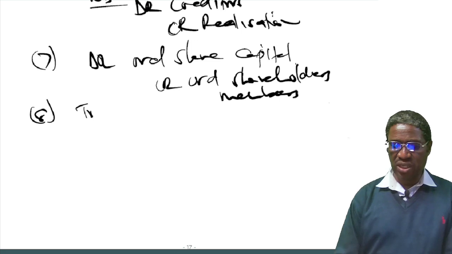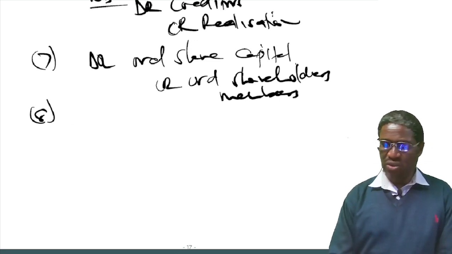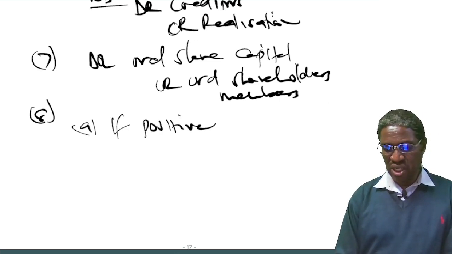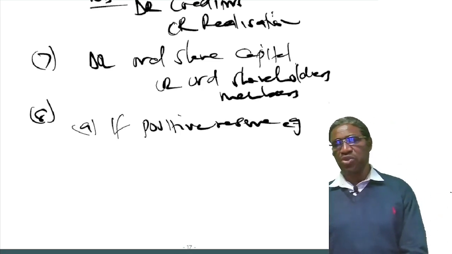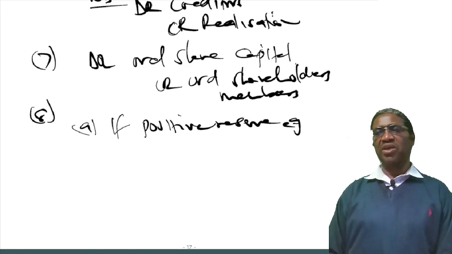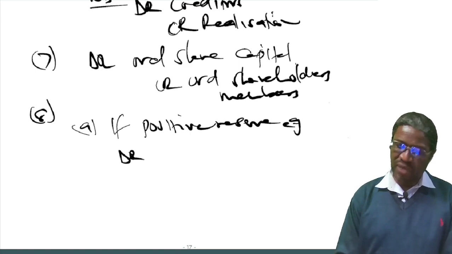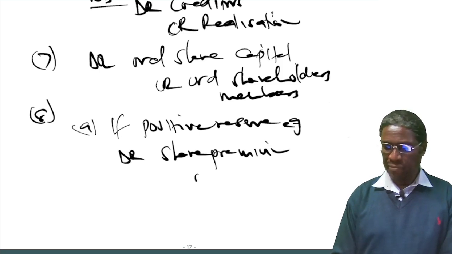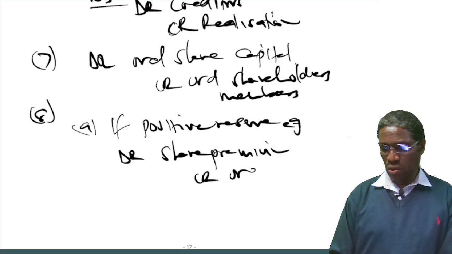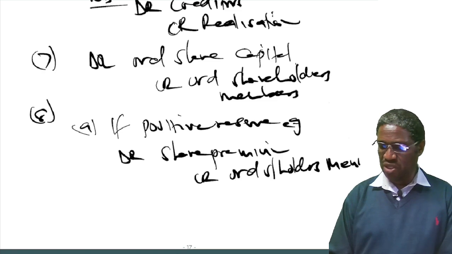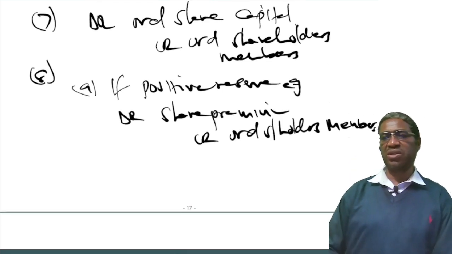Then under that you can say this. Number A, if positive reserve, e.g. share premium: debit share premium, credit ordinary shareholders members.